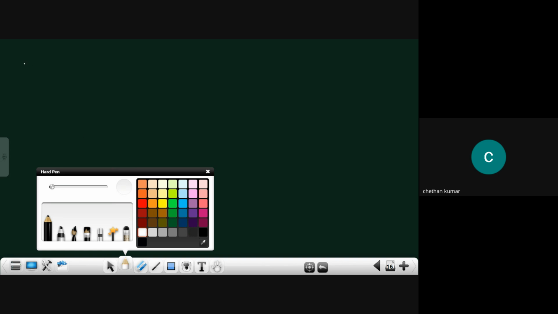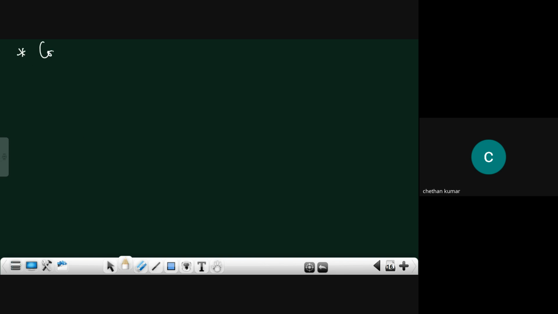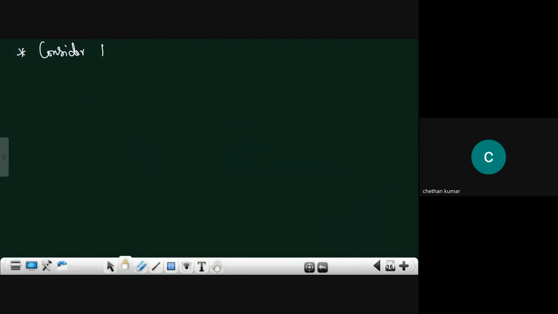The question is, consider the addition of the numbers with different bases. What is my number?